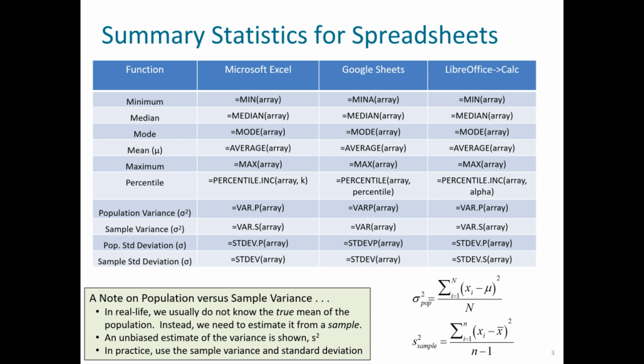Now I'll talk more about this in a later lesson, but essentially everything I did in the first lesson this week assumed that everything was a population. It was all that's there. In real life, though, you don't necessarily know the true mean of a population. Instead, you have a sample that you're taking, and then you have to estimate what that mean is by using the observations in that data.